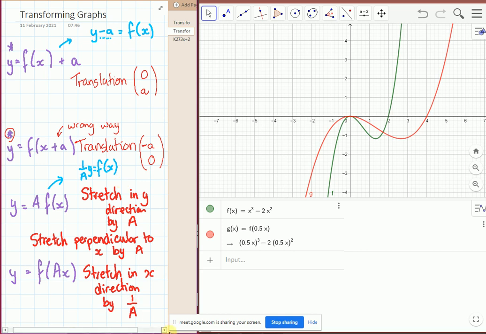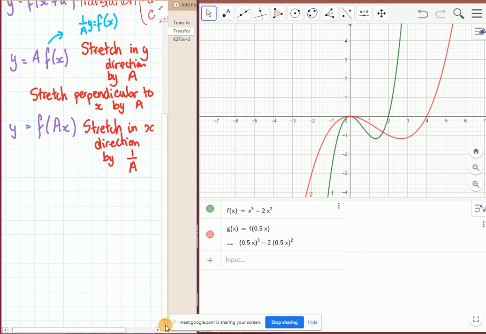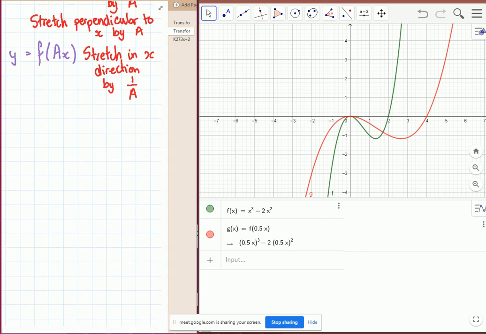Last bit before I set you off to do the exercise. This thing links back to something when we're doing quadratics. And one of the questions I've given you says something along the lines of, we have a function f(x), which is given by x squared minus 6x plus 8.